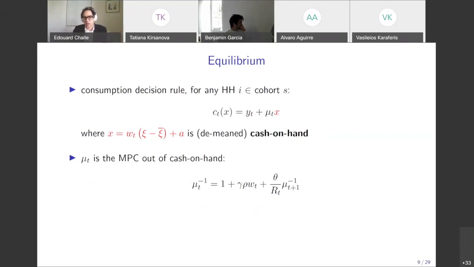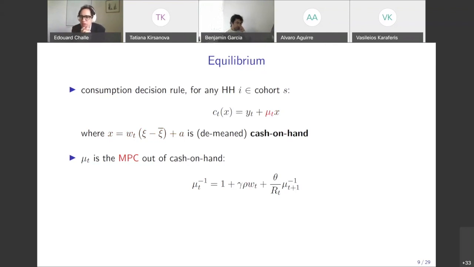So mu t is the marginal propensity to consume. In that sense, it's the same as in a standard single agent or representative agent problem. So mu t here is the marginal propensity to consume out of this individual state, out of cash on hand.